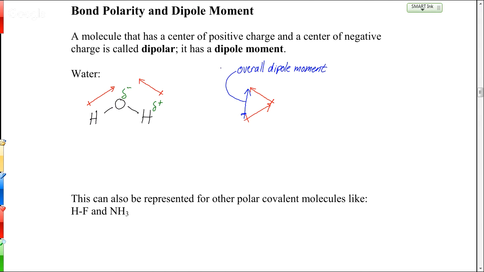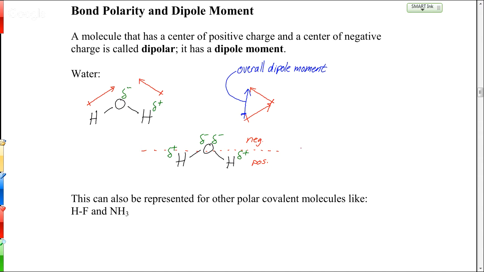So the other way to look at this is to take the water molecule and recognize that if we draw the polarities of the bonds on both sides, what we've really done is separate that water molecule into two sections. We can say this part is the negative part and this part is the positive part.